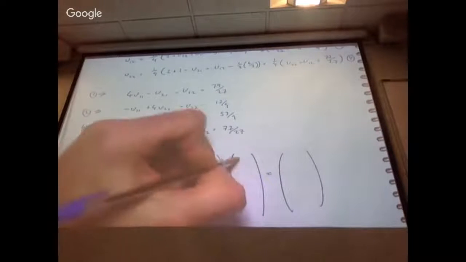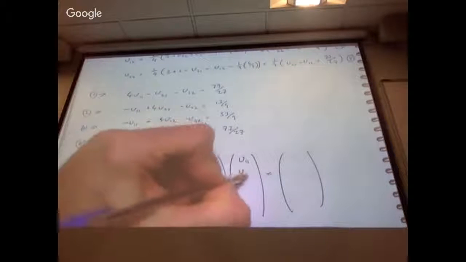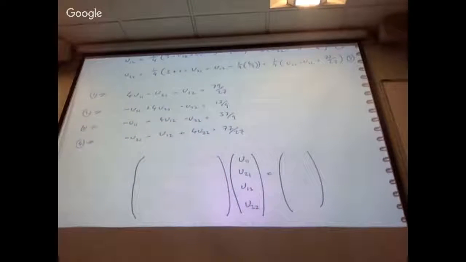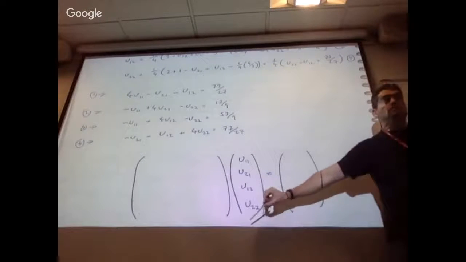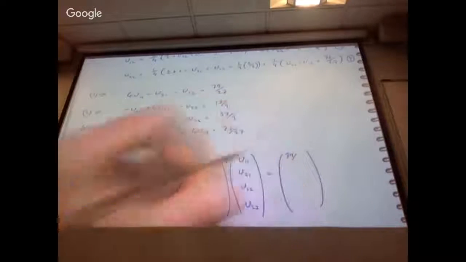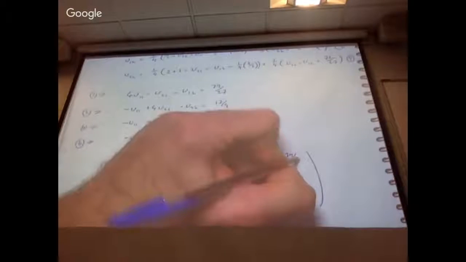My vector of unknowns, if I go row by column order, that means I'm going across before I go up: U11, U21, U12, U22. On the right-hand side, I'm going to have my vector of known values.